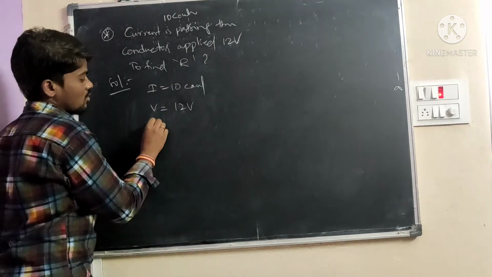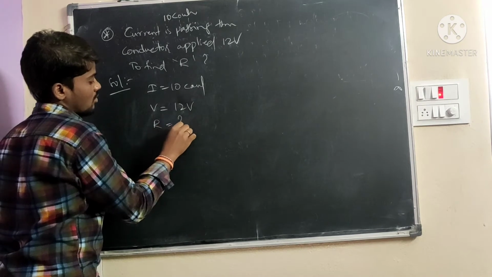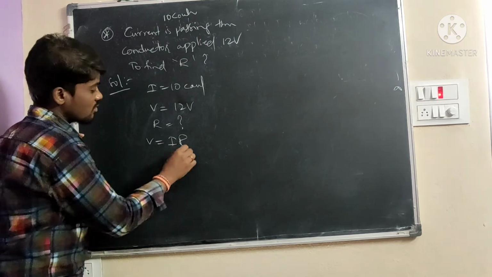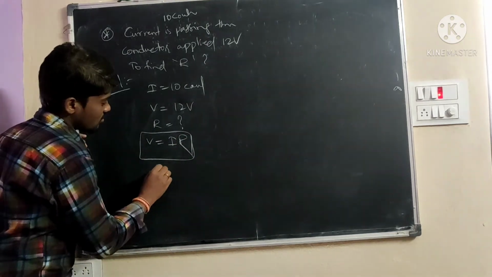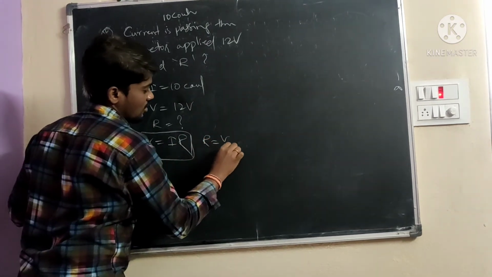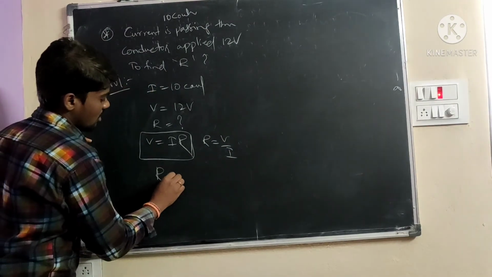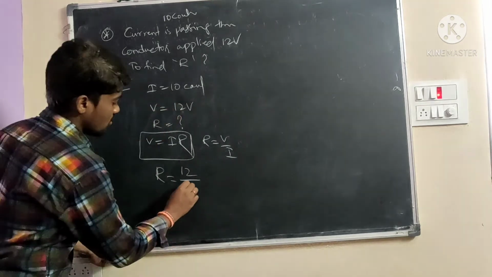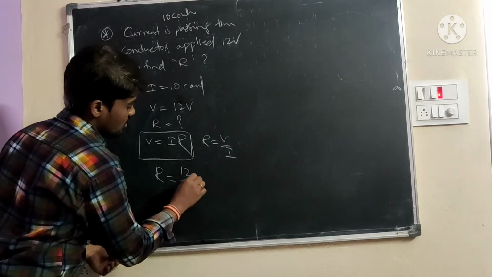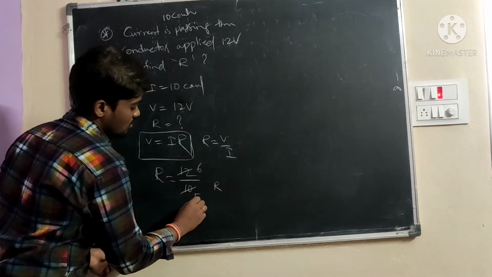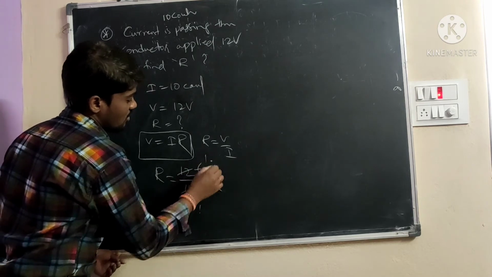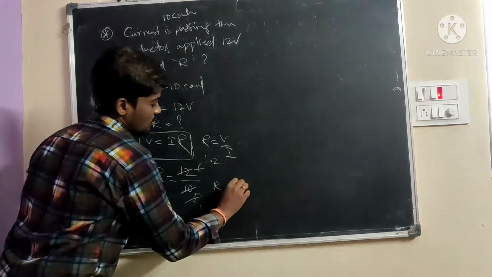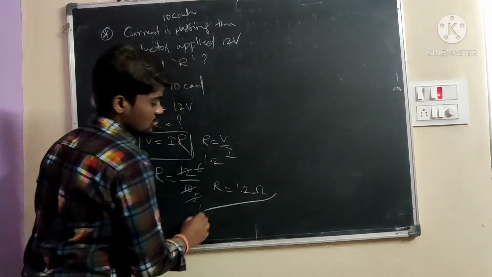You will find R. According to Ohm's law V is equal to IR, and R is equal to V by I. Substituting the values, R is equal to V, 12, by I, 10. R is equal to 1.2 ohms. Okay.